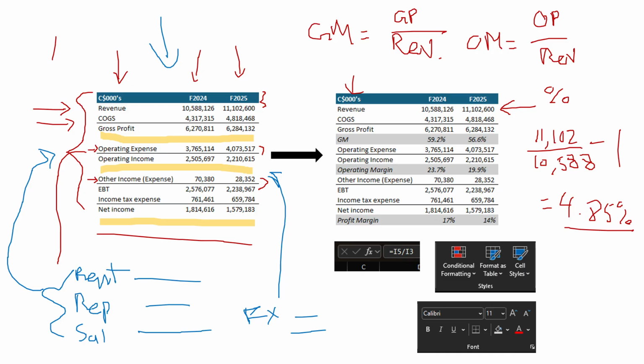But then when you go down, you see that the gross margin actually shrunk. This might be concerning depending on what kind of business it is. If it's a business that negotiates a lot on price, then it makes sense for it to fluctuate. But if it's a business like clothing, gross margins going down is not a good thing.